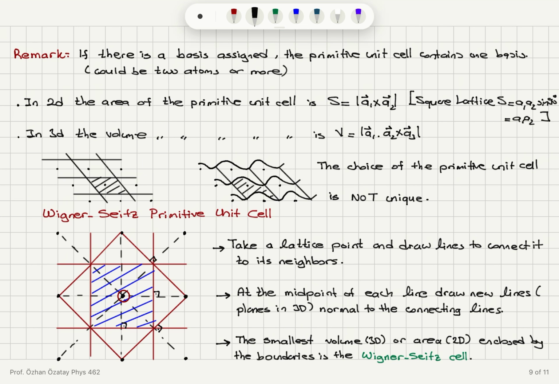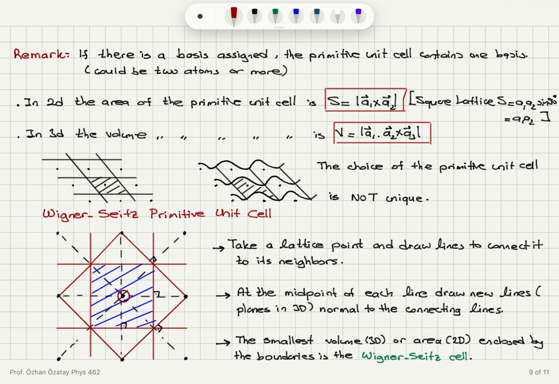In 2 dimensions, the area that is spanned by the primitive unit cell is the magnitude of a1 cross a2. In 3 dimensions, the volume is a1 dot a2 cross a3. That's the volume of the parallelepiped. And the choice of the primitive unit cell is not unique. However, there is a procedure that gives us a well-defined primitive unit cell that everybody would agree on.